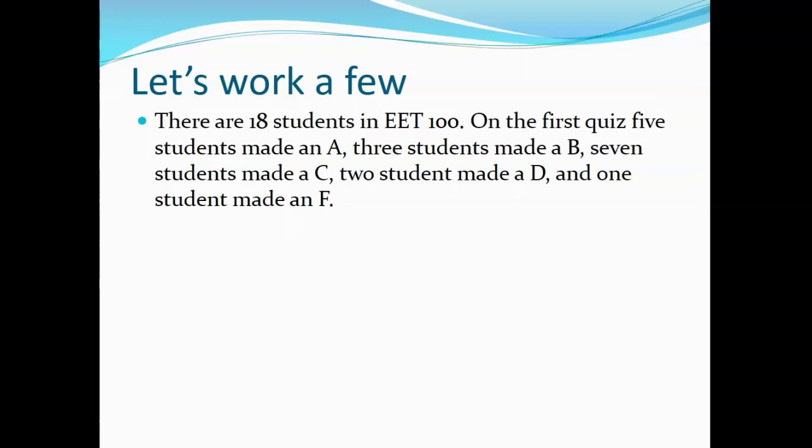Close enough. On the first quiz, 5 students make an A, 3 make a B, 7 make a C, 2 make a D, and 1 makes an F. So what is the ratio of A's to tests taken?